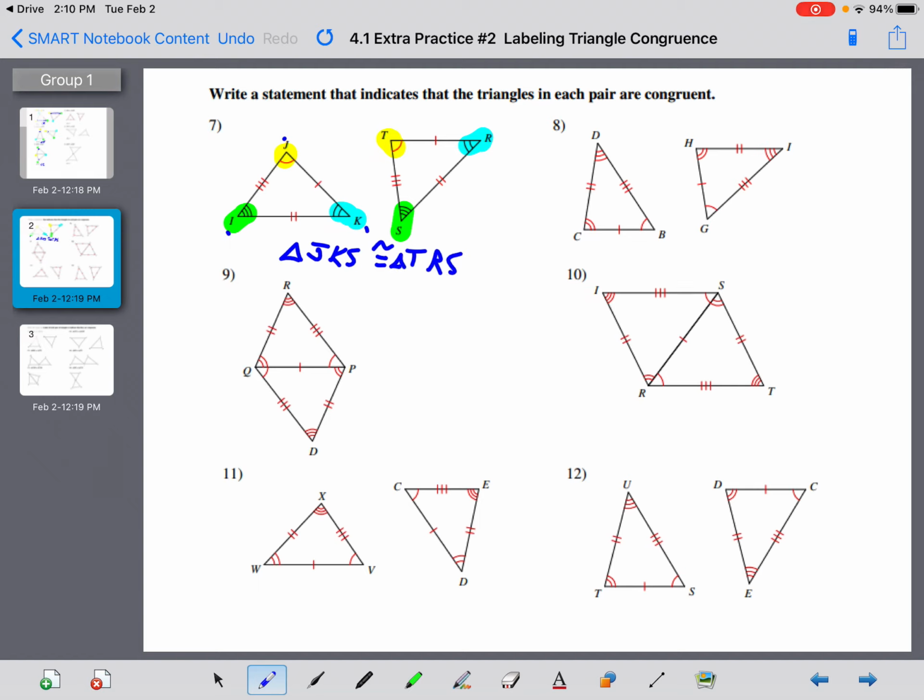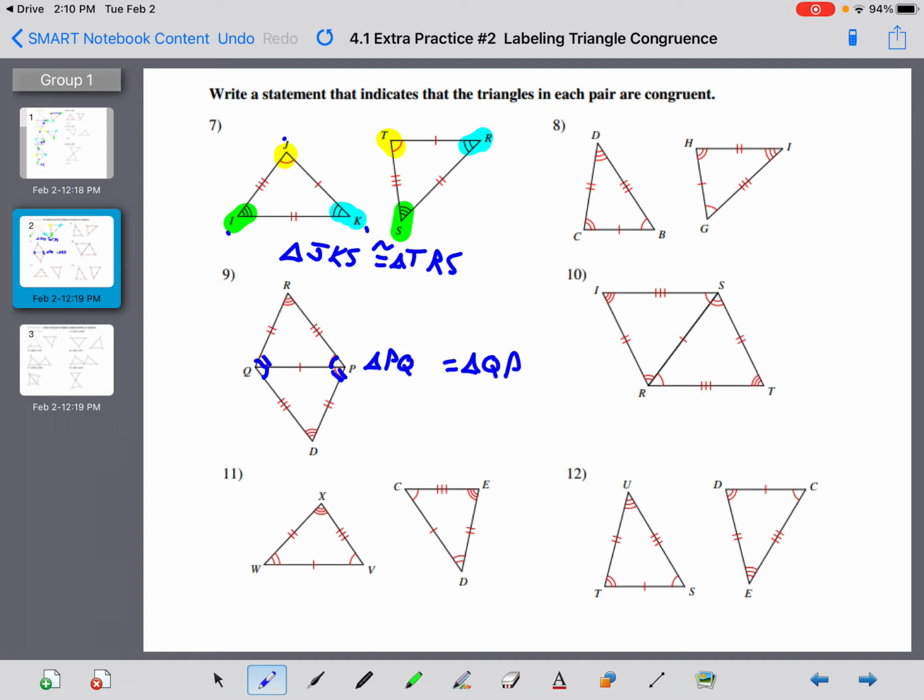All right, fairly simple. Same thing. I see P with 1 tick mark and Q with 1 tick mark. All right, so here's my congruency. I'm going to start with P and with Q. Now, on the other side, I see P with 2 tick marks and Q with 2 tick marks.